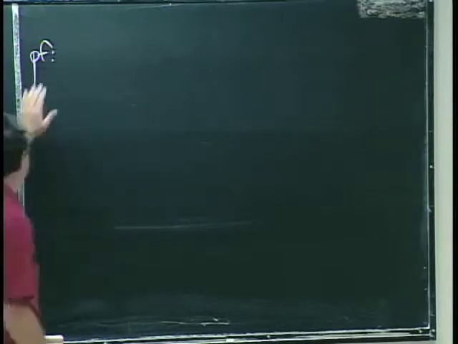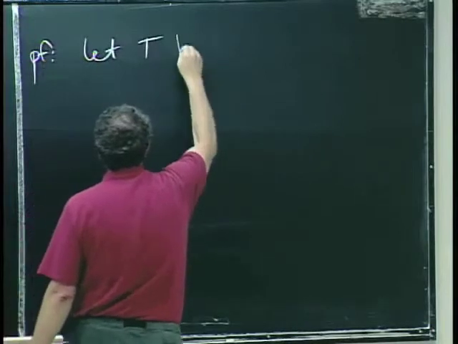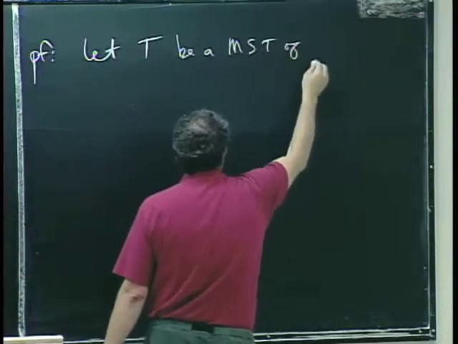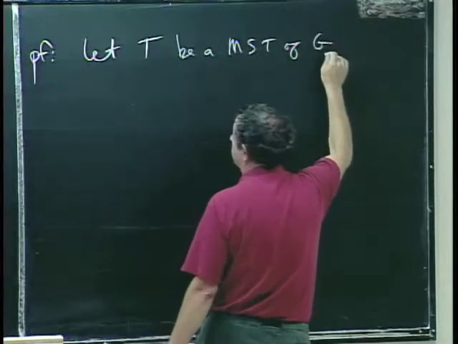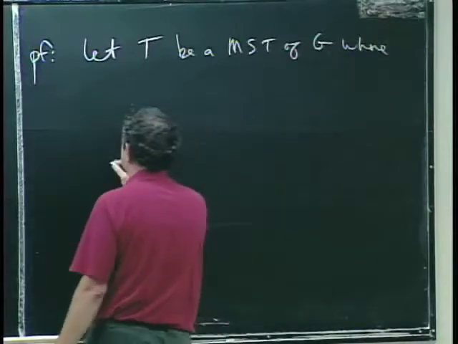At any rate, let's let T be a minimum spanning tree of G, where G is the graph where the lemma is violated.